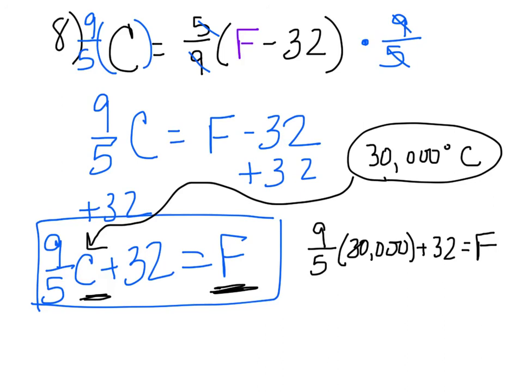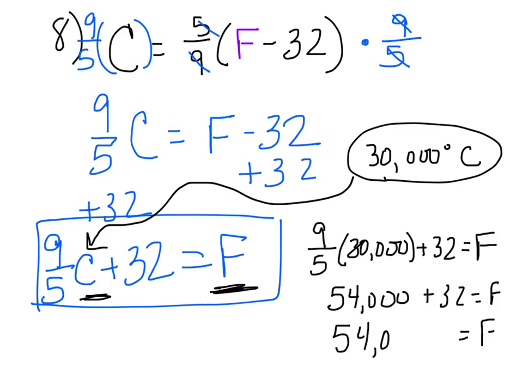So what is that? It's 54,000 plus 32. So the degrees Fahrenheit is going to be 54,032 degrees Fahrenheit. And that's your answer. Very simple calculations. It looks a lot harder than it actually is.